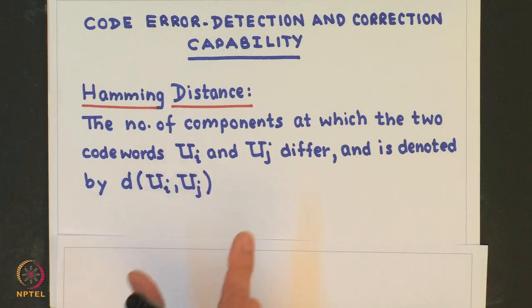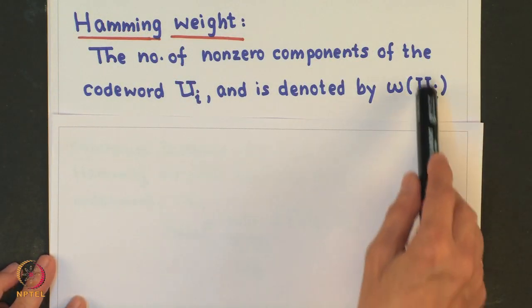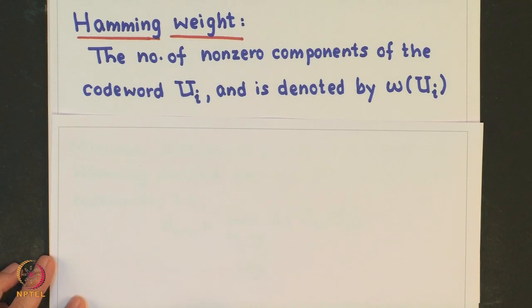Then there is a concept of Hamming weight, which is defined as the number of non-zero components of the code word Ui, and this is denoted by W(Ui).